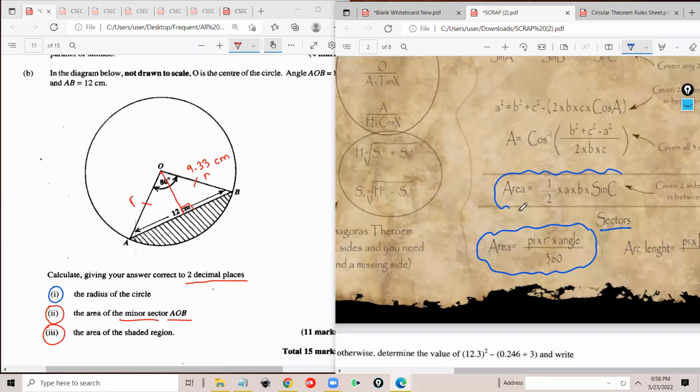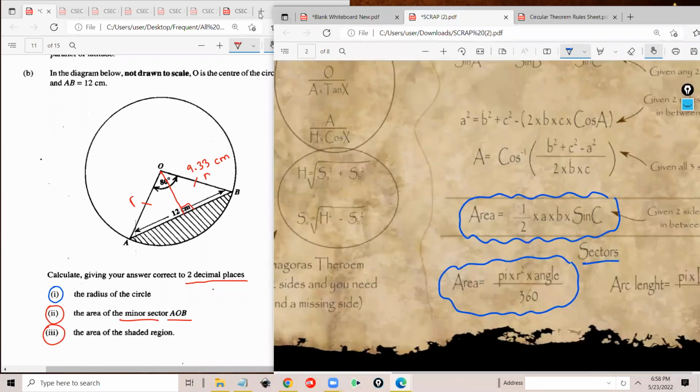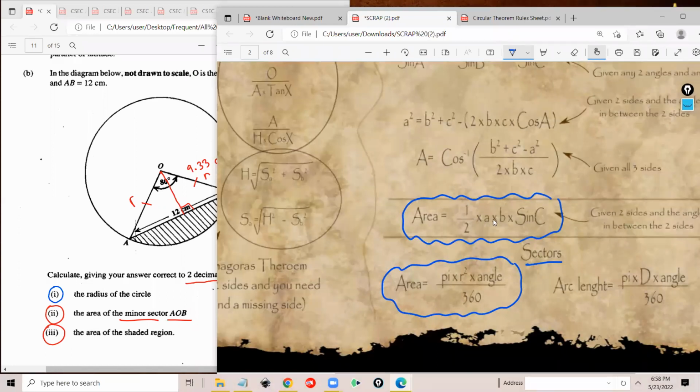It's a half ab sine C. This is also given on the formula sheet, where a and b are the length of the two sides, and C is the angle in between the two sides.